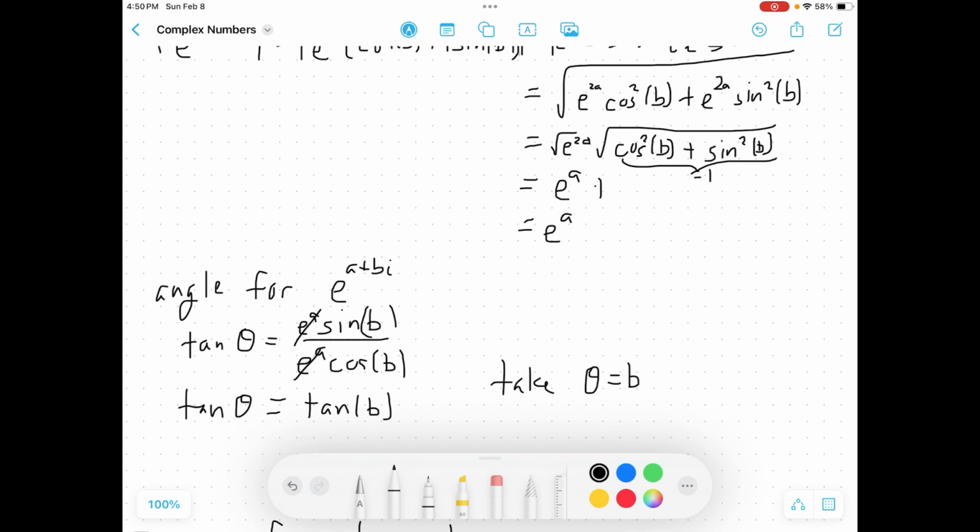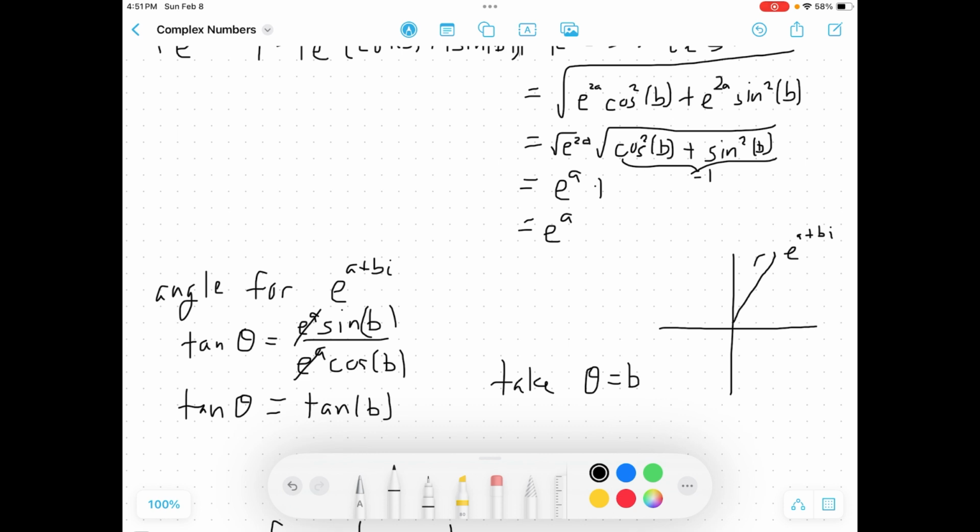So if we've got something in the form of e to the a plus bi, so if I draw a complex point here, it has a real and imaginary part.